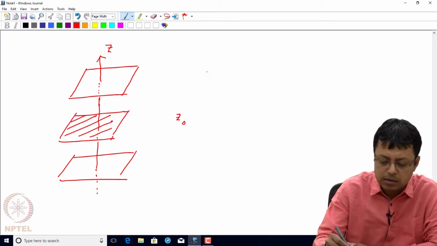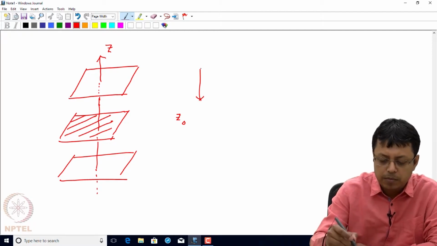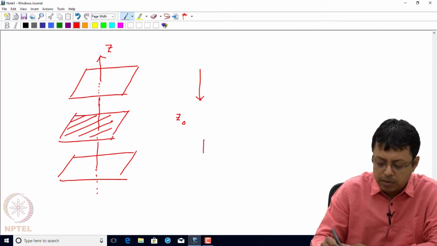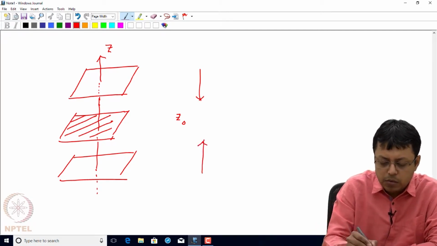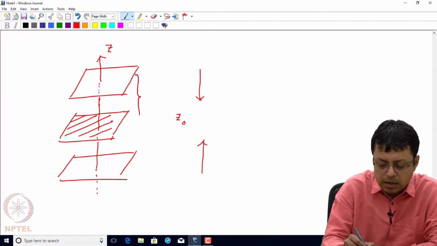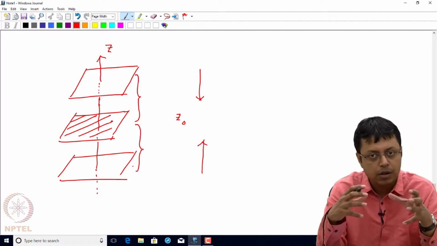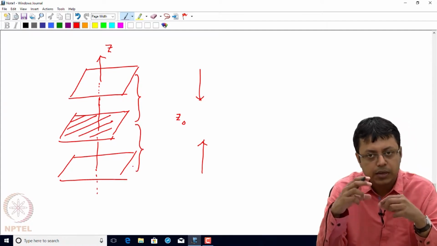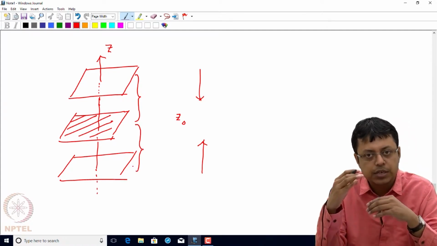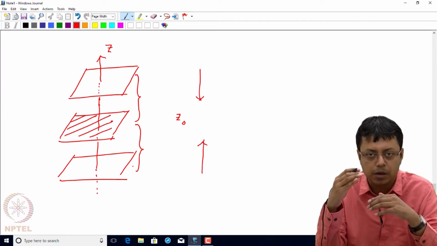There are some molecules, or particles, which are coming vertically from the top, and some molecules which are coming vertically from the bottom. Now, what do we mean by these layers? These layers lie at a distance equal to the mean free path of the molecules.